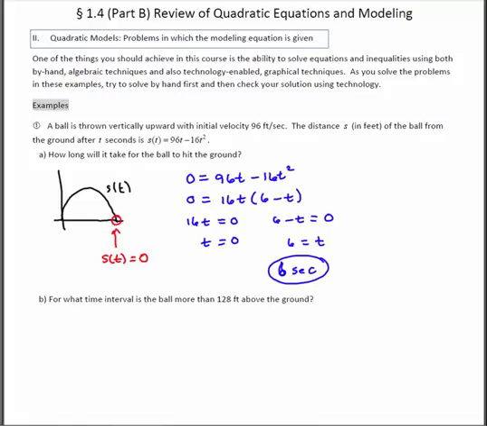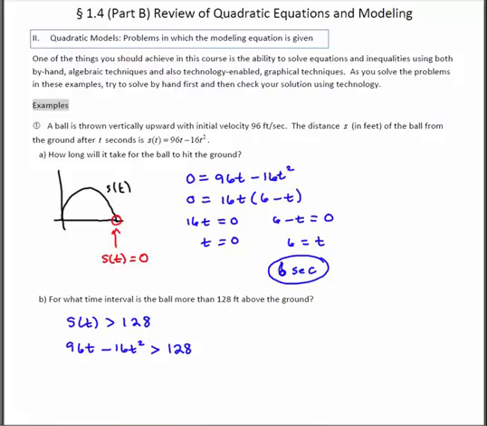Our second question asks, for what time interval is the ball more than 128 feet above the ground? So I want to know, when is my height, s of t, greater than 128? Well, s of t is 96t minus 16t squared. And I want to know when that's bigger than 128.